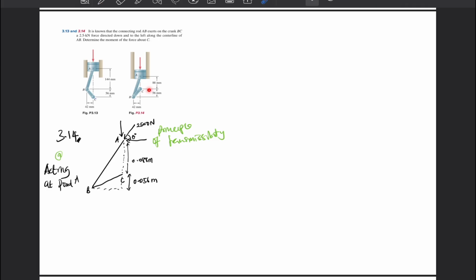Because initially we were given millimeters, we have to convert them to meters, SI units, for our calculation. So same here, 0.042 meter.